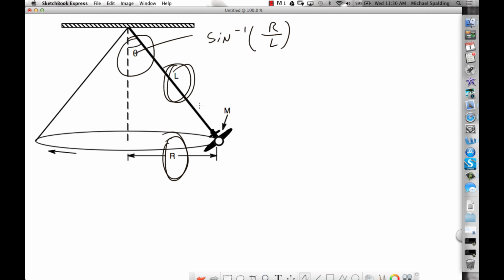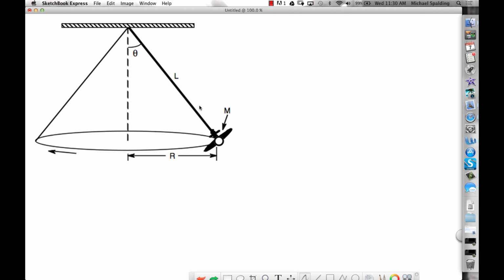But what's the symbol for period? Who remembers the symbol we use for period? And period is the time for one complete circle. The symbol for period is capital T, right? Now, capital T poses a problem because one of the forces we have here is a rope.